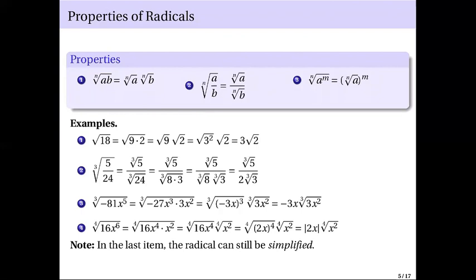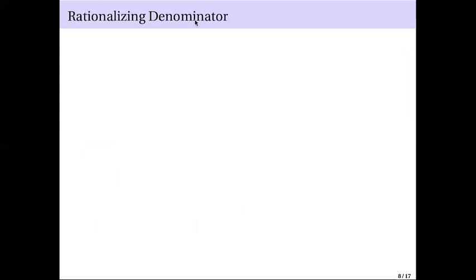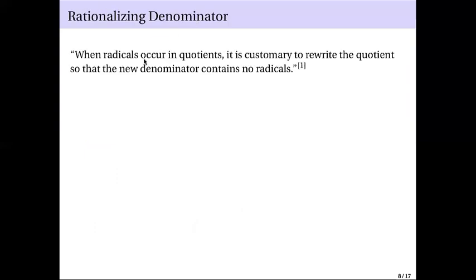So the goal is to rationalize the denominator. When radicals occur in quotients, it is customary to rewrite the quotient so that the new denominator contains no radicals. This process is called rationalizing the denominator.